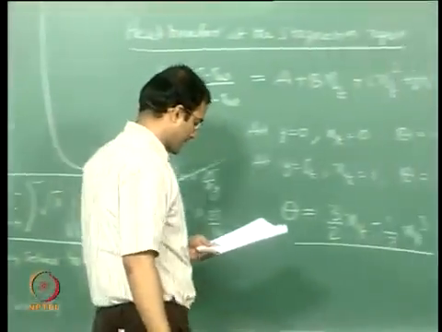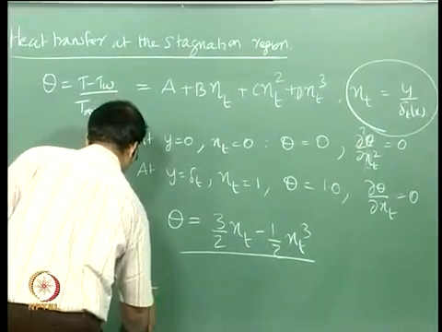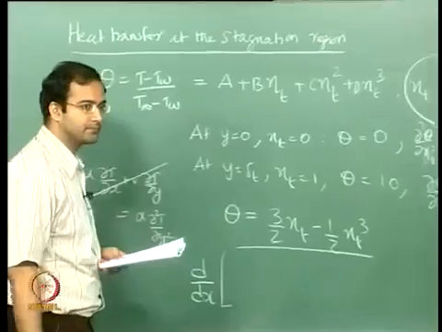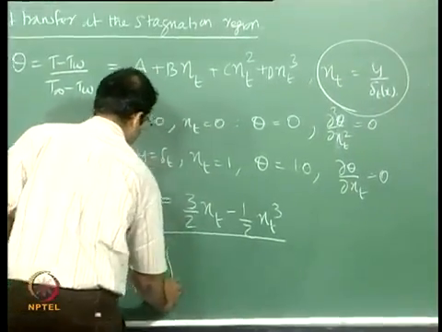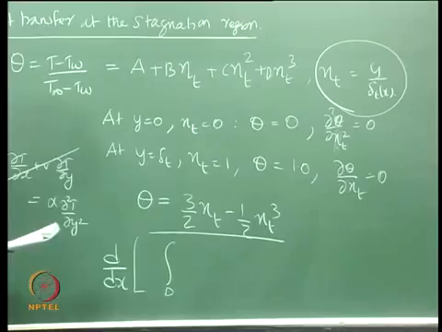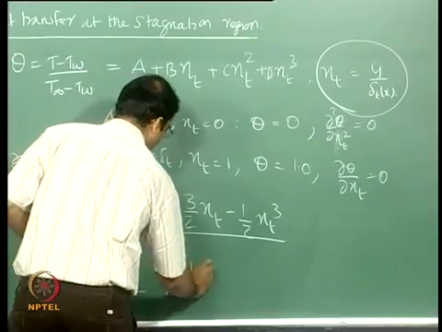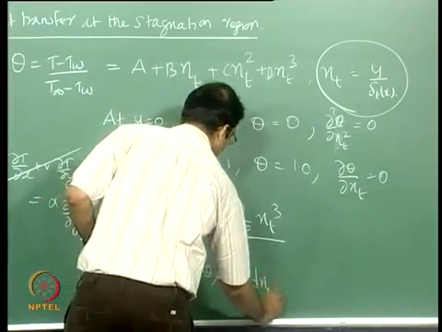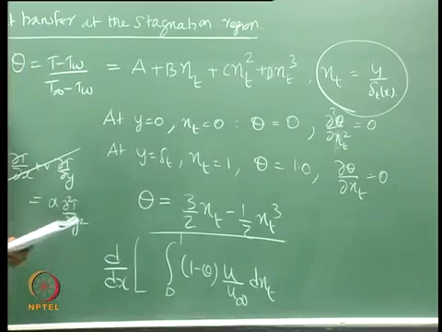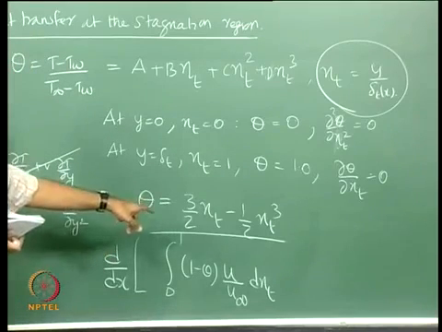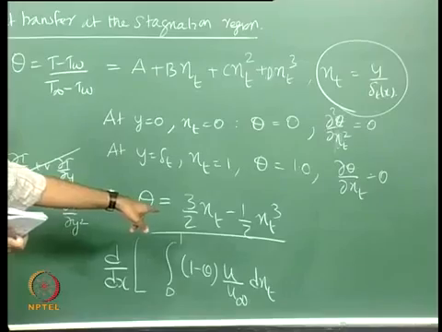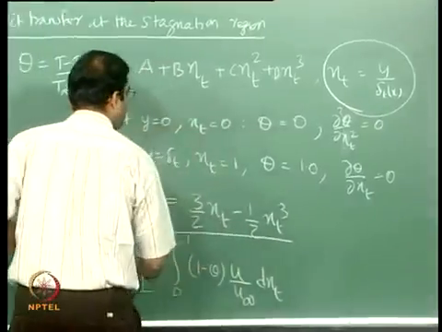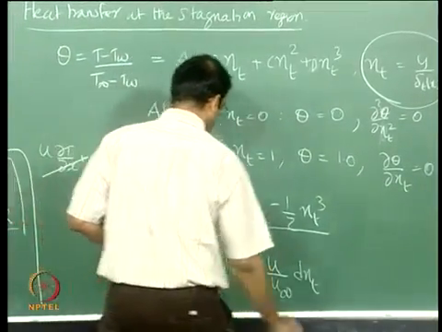I hope you can recollect the energy integral: d by dx of the integral from 0 to delta t. Now I am going to transform the variables from y to eta, so 0 to 1, of 1 minus theta times u by u infinity d eta t. Since dy equals dy by d eta into d eta, delta t comes outside.